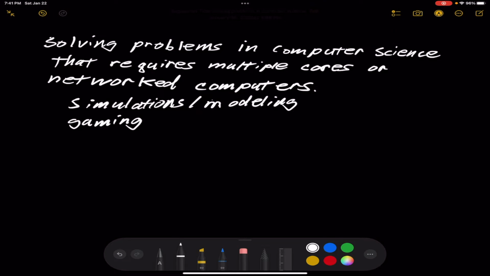So let's begin with a drawing of how this would look. Let's say you have cores or computers with many cores.